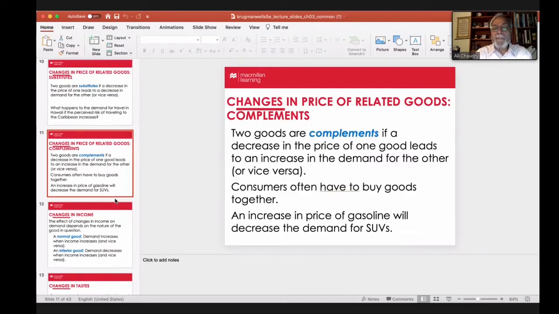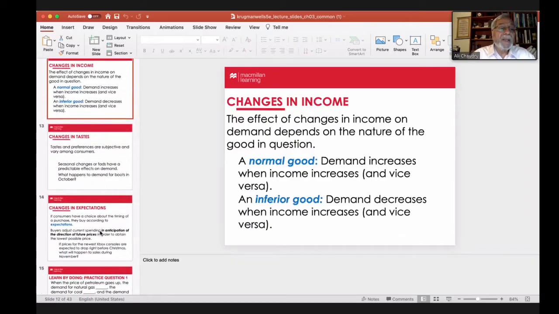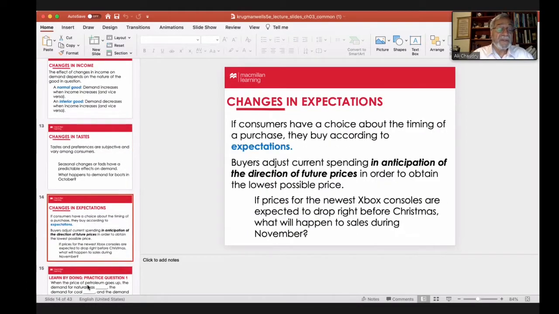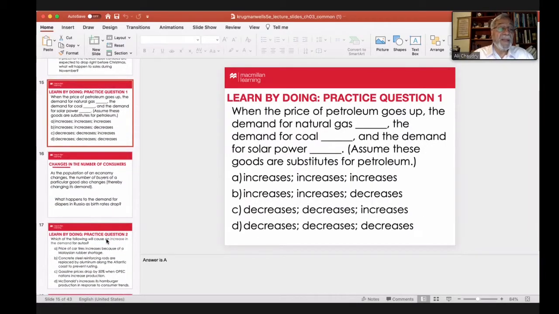Clearly they are unrelated products. They are neither complements nor substitutes. Then the difference between a normal and inferior good. The reasons why demand changes can be due to changes in tastes, changes in expectations, and various other factors.